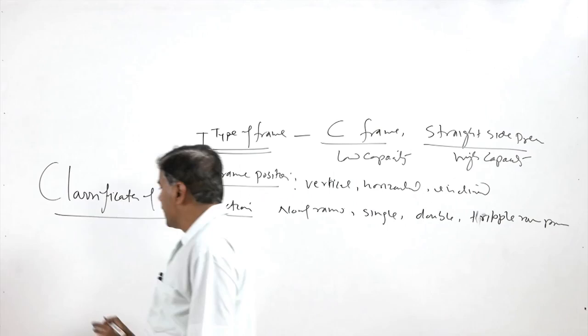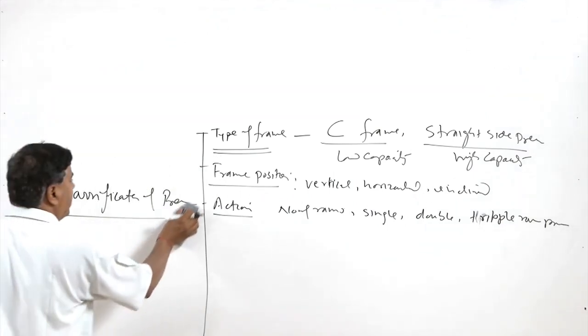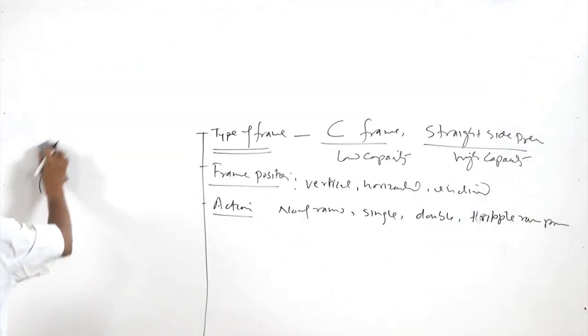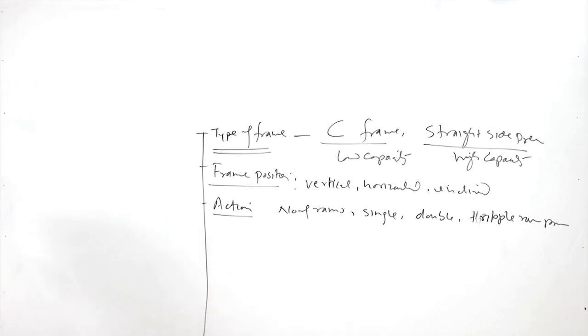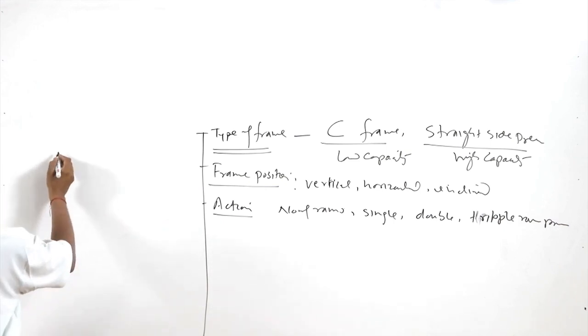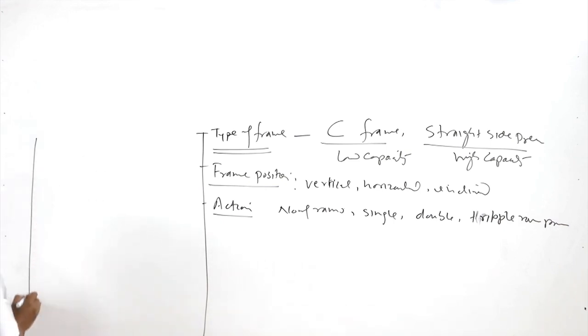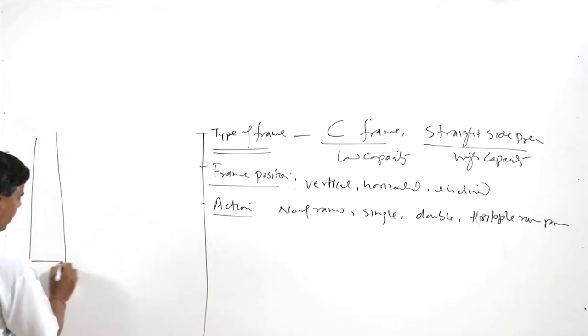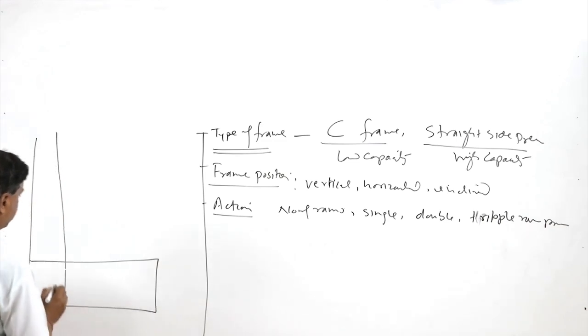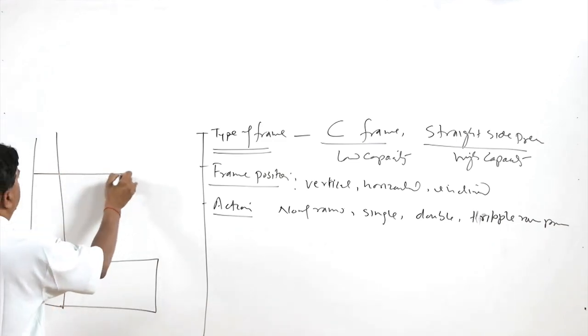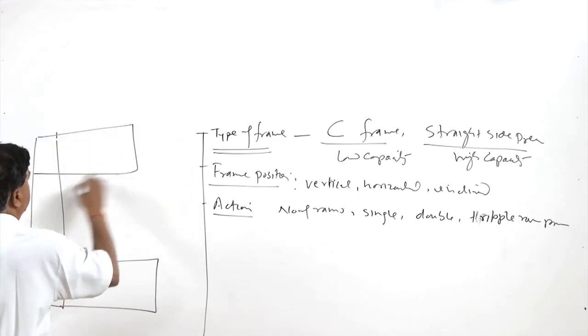So, I think it would be appropriate if I make the general structure of one particular kind of press. Any press will have one vertical frame like this, it will have one bed, and at the top it will have all the drive mechanism.